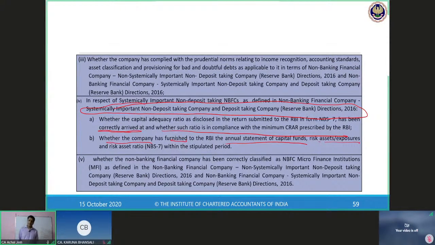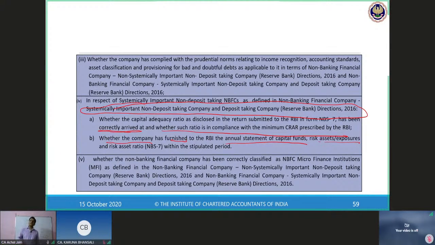Next, whether the NBFC has been correctly classified as NBFC microfinance institution as defined under NBFC non-systemically important non-deposit taking directions.